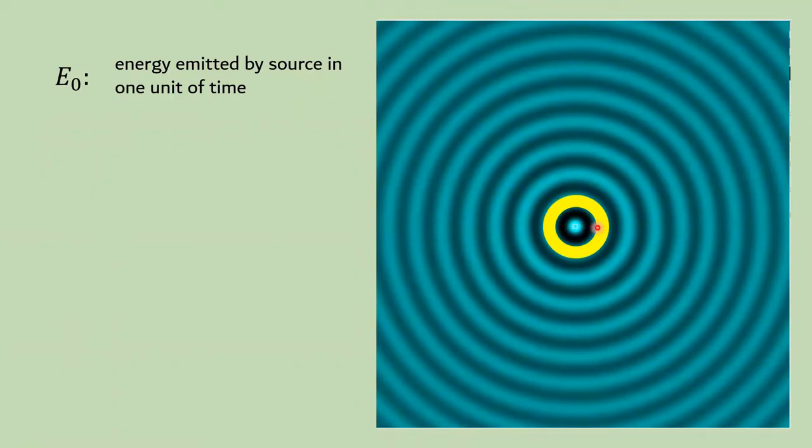If these were mechanical waves on the surface of that pond, I mentioned the little ducky, obviously the duck has to expend energy to flap its wings. Where does that energy go? It ripples outwards. So waves carry away energy.